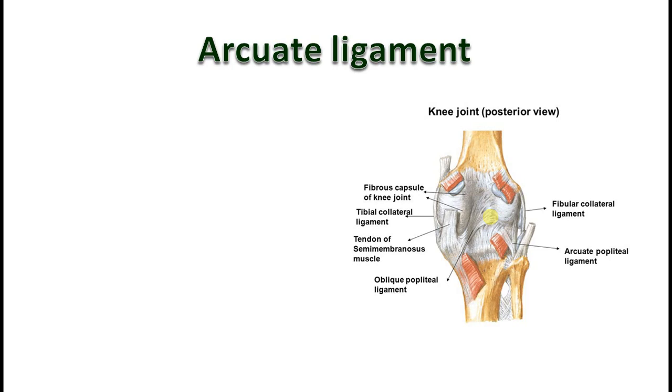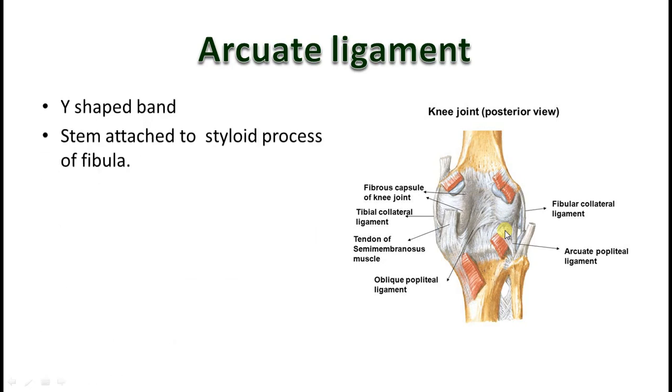Next, you are able to see the arcuate popliteal ligament. It is somewhat Y-shaped. It has a stem and an anterior and a posterior limb. I told you that two ligaments get attached to the fibula. One is the fibular collateral ligament, and here you are able to see it. Another one is the arcuate popliteal ligament. The stem is attached to the styloid process of the fibula.